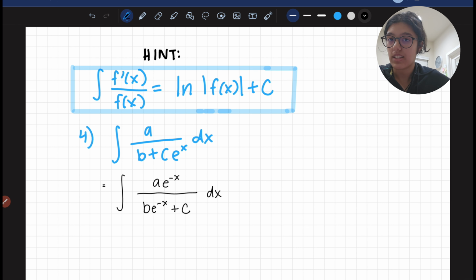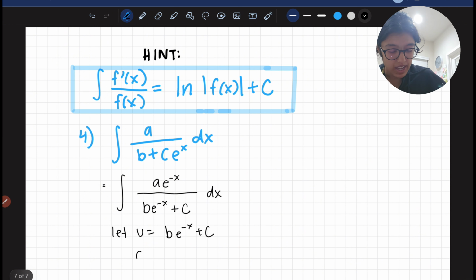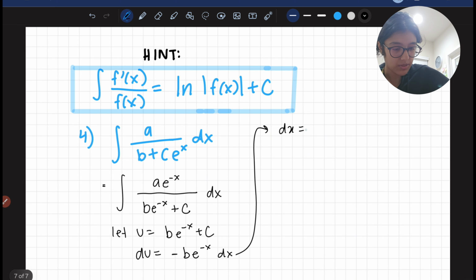Now, in this case, let's try to apply u-substitution. So let u equal, once again, the denominator, so b e to the power of minus x plus c. We have du is equal to minus b e to the power of minus x dx. I'm going to solve for dx, so dx is equal to du over minus b e to the power of minus x.